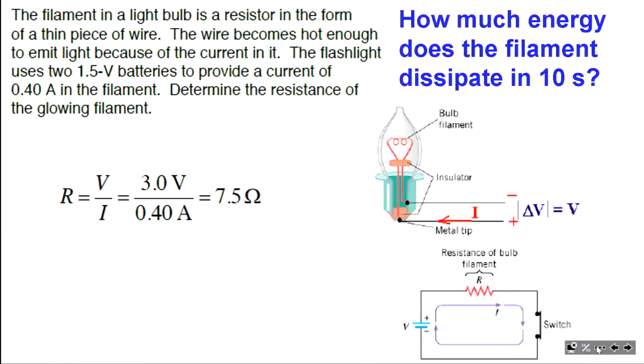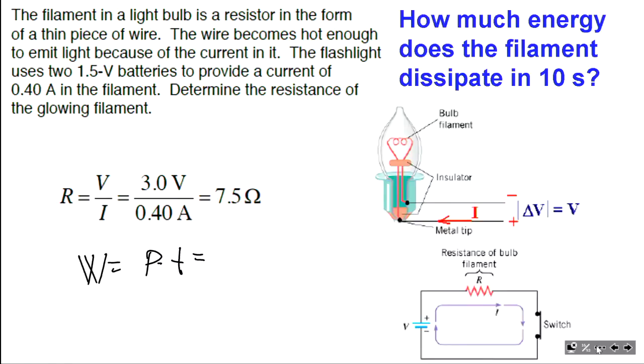Now, how much energy does it dissipate in 10 seconds? Energy dissipated in 10 seconds means how much work electric current does in 10 seconds. So work equals power times time. Time is 10 seconds. How do we get power?